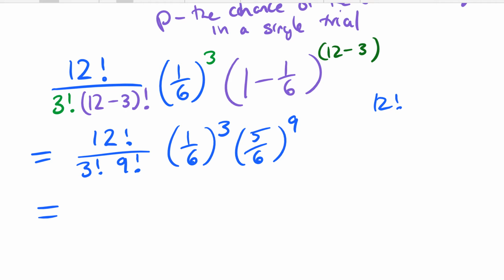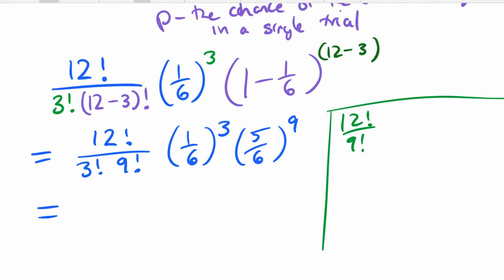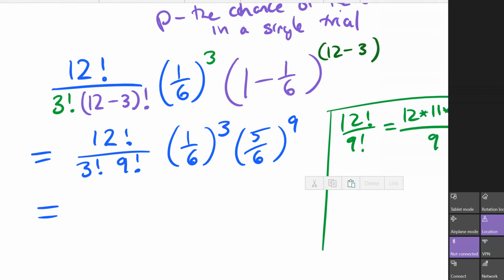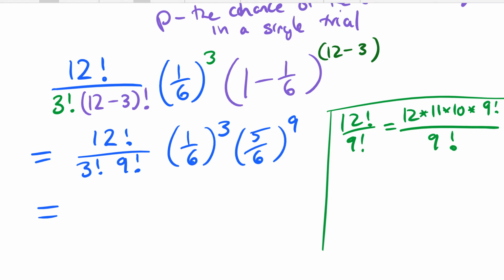12 factorial over 9 factorial is equal to 12, let's do this in a different color. So this is side work here. This is 12 times 11 times 10 times 9 factorial. That's what 12 factorial is, and then we're dividing by 9 factorial, which means the 9 factorials cancel, and we're left with 12 times 11 times 10.